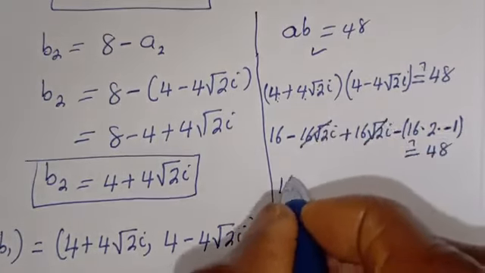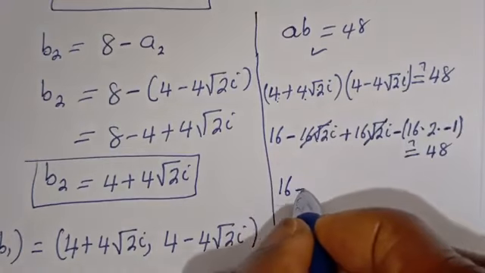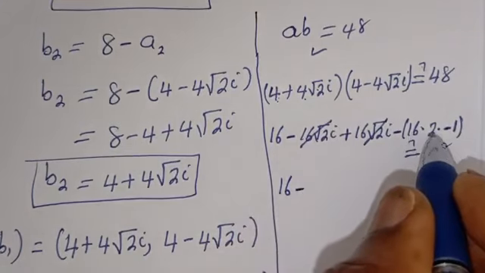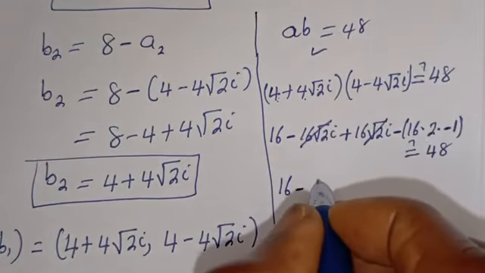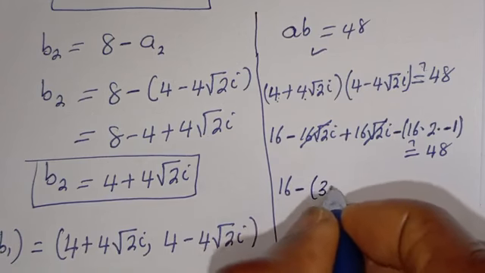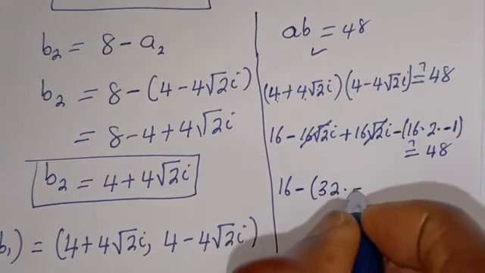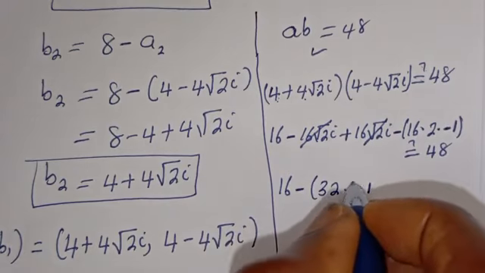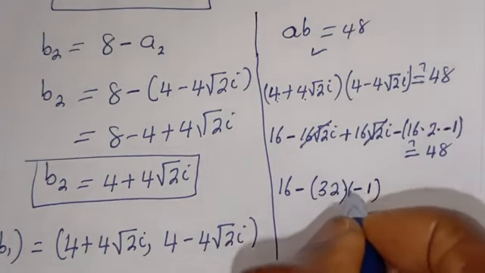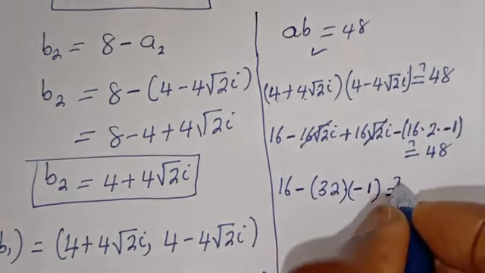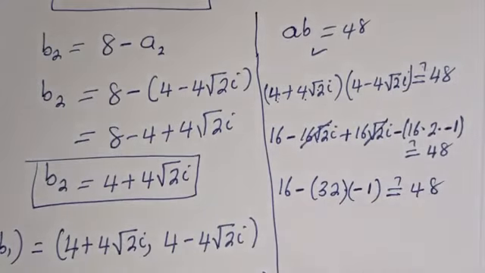We have 16 minus 16 times 2, that is 32, multiplied by minus 1 must be equal to 48.